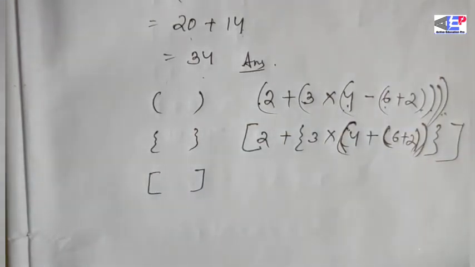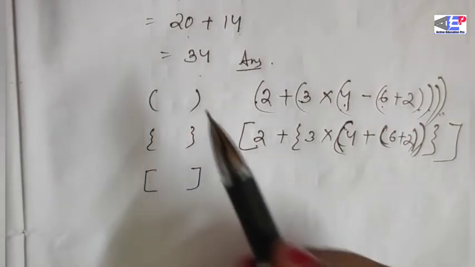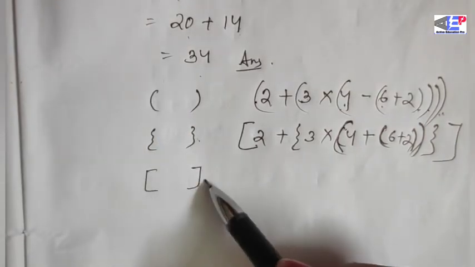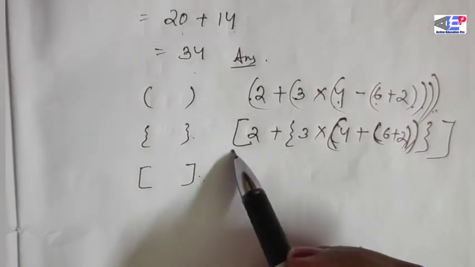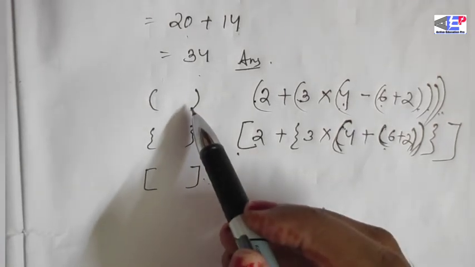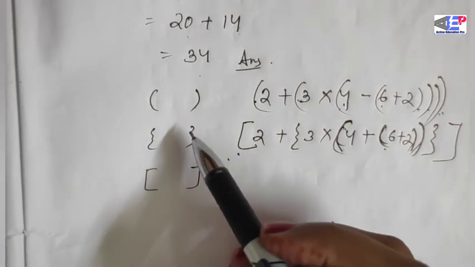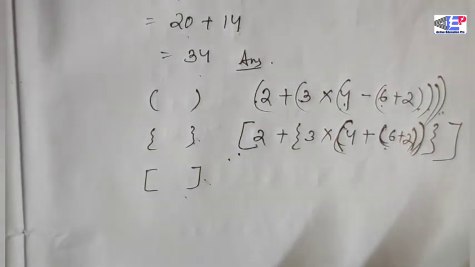Square bracket close. This is your mathematical expression with multiple types of brackets. Round bracket, curly bracket, and square bracket. Always solve the problem from the inner side to the outer side, first in then out. And yes, first always try to solve the round bracket, then the curly bracket, and then the square bracket. Square bracket is always the outer bracket.